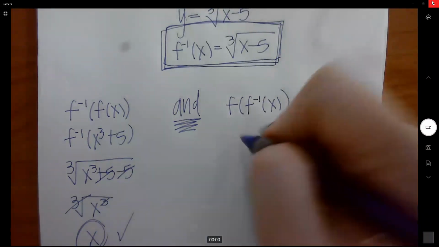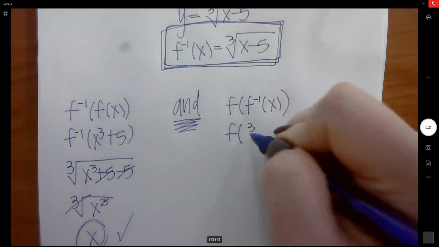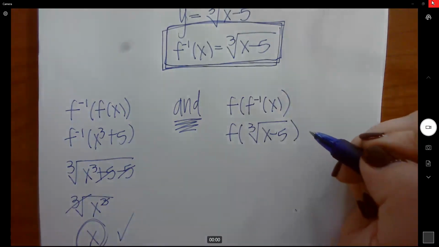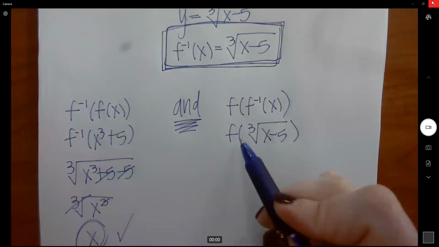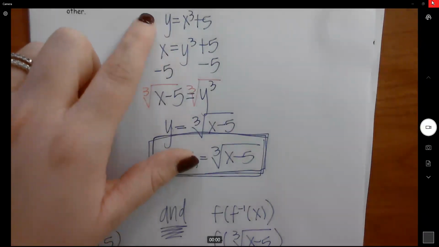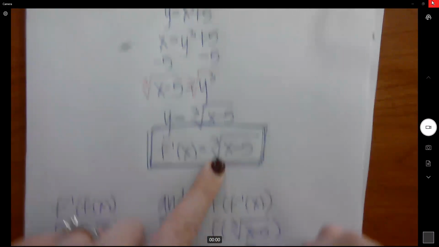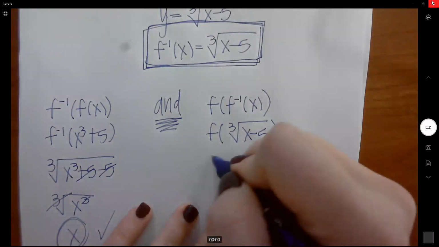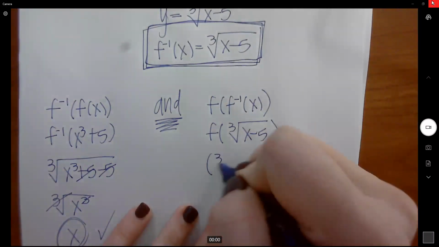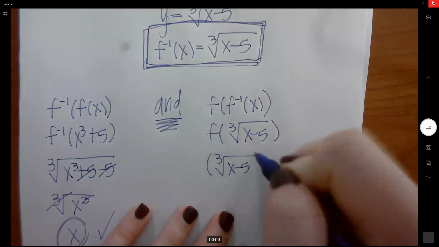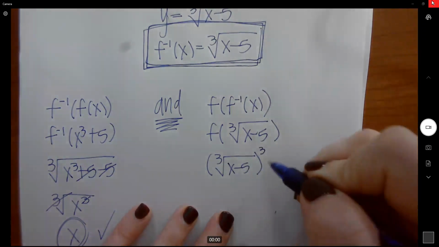So my inverse function is the cubic root of x minus 5. What was my function? My function was y equals x cubed plus 5. So where I see this x here, I'm going to replace it with this. So this becomes the cubic root of x minus 5 cubed.